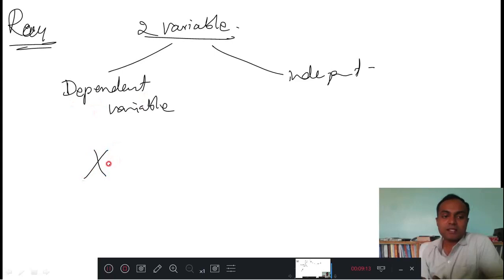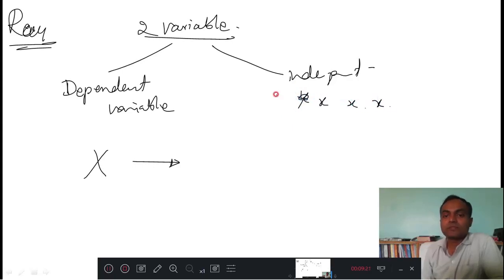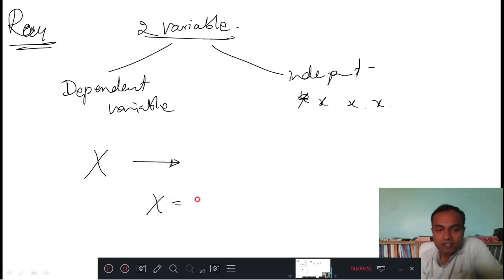If I call the dependent variable x, and this x depends on so many independent variables, the small x's, then how do I write a general equation? x is a function of x1, x2, x3, like that, up to xn.